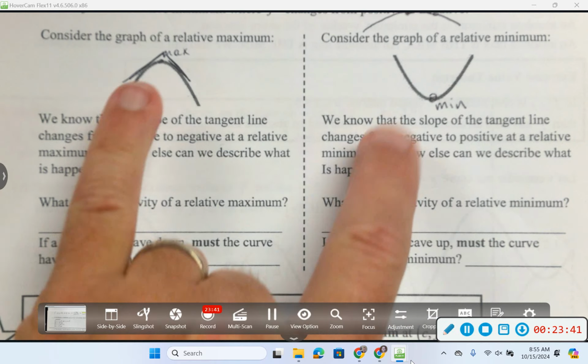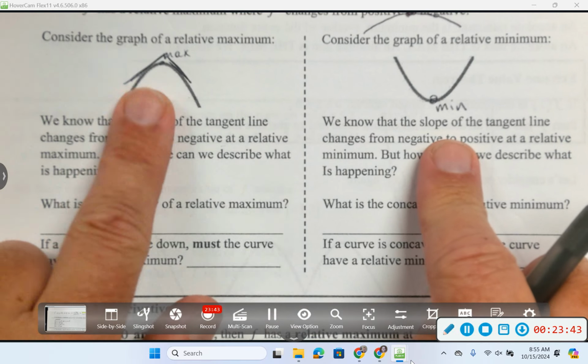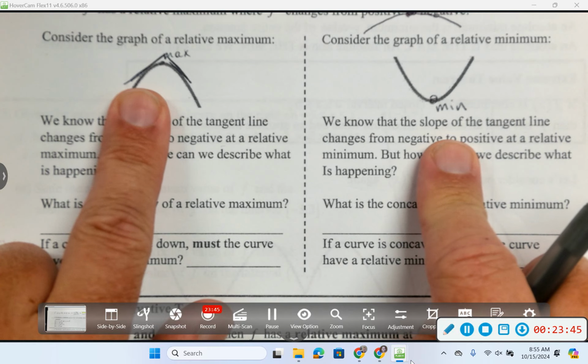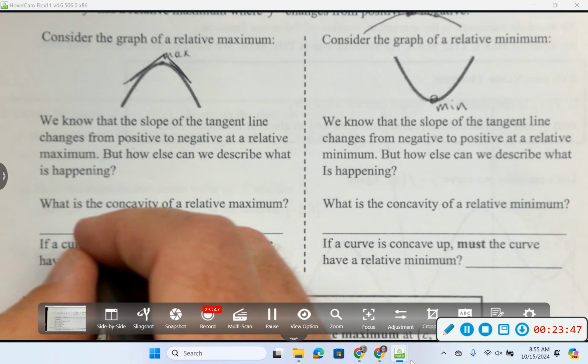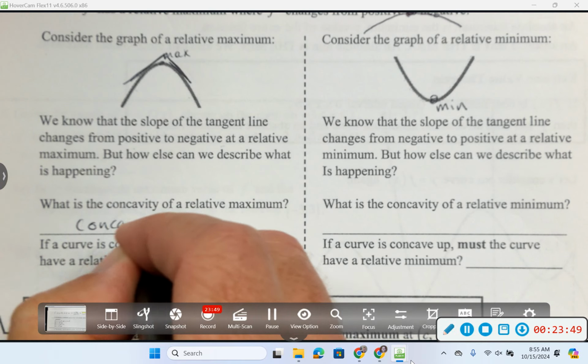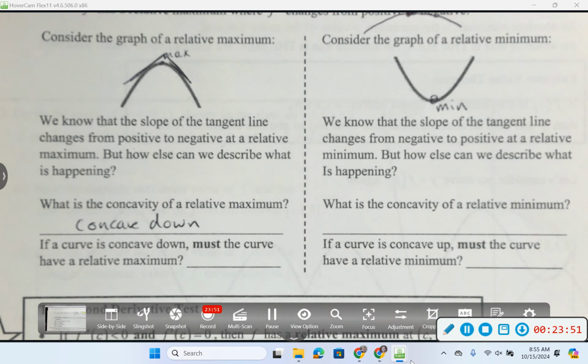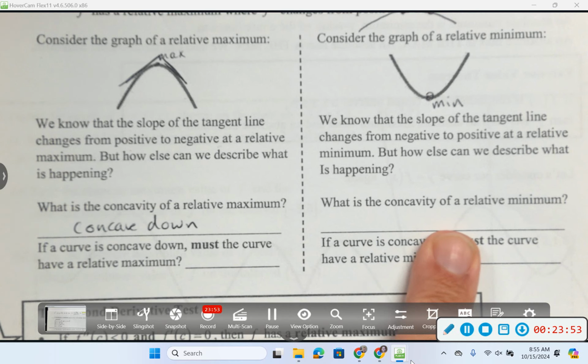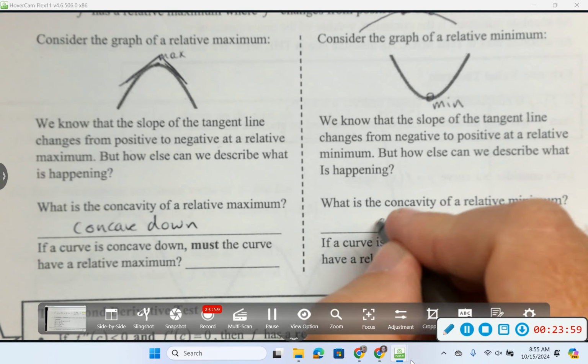What's the concavity at a relative max? Concave down. And the concavity of a relative min, this might seem backwards, but at the bottom of the cup, you're concave up.